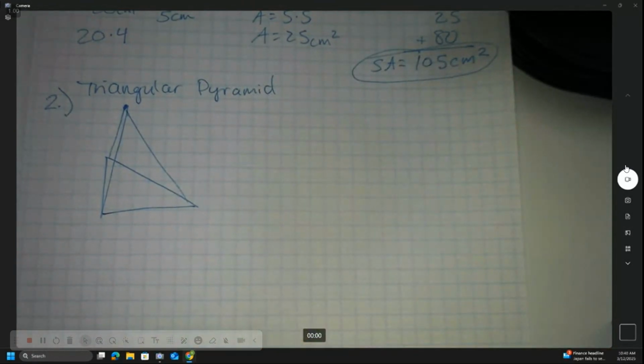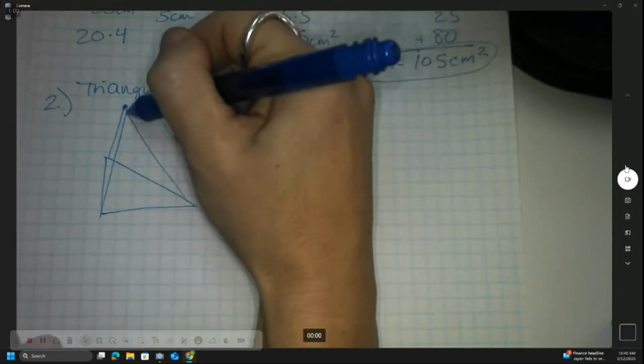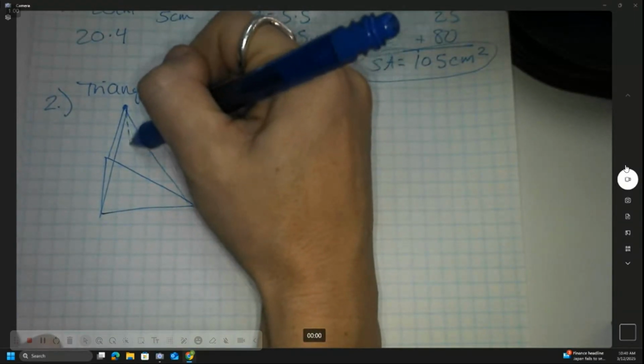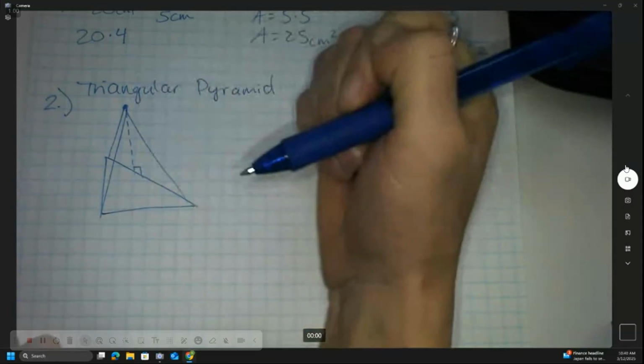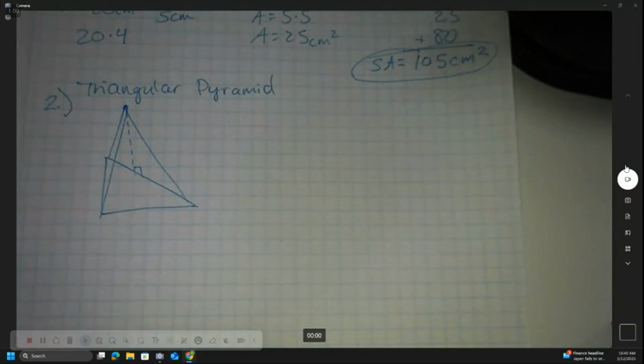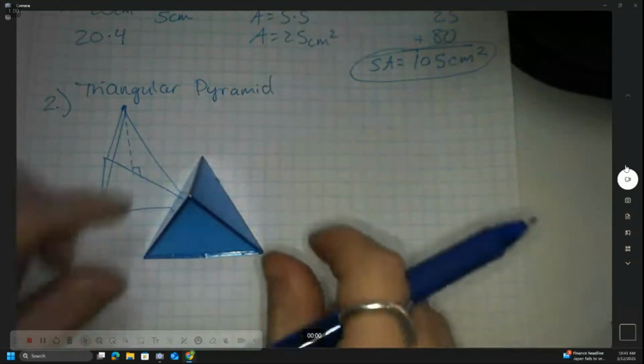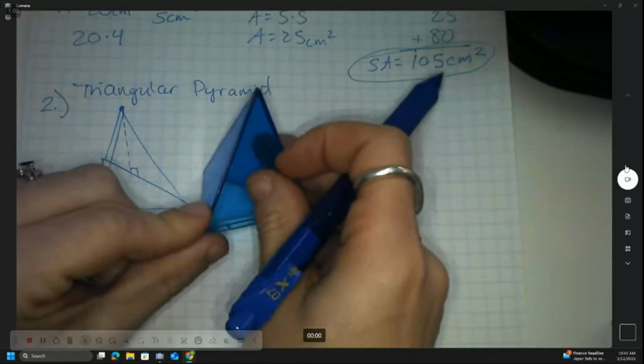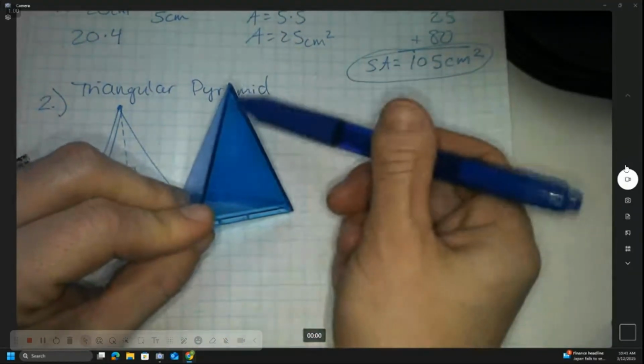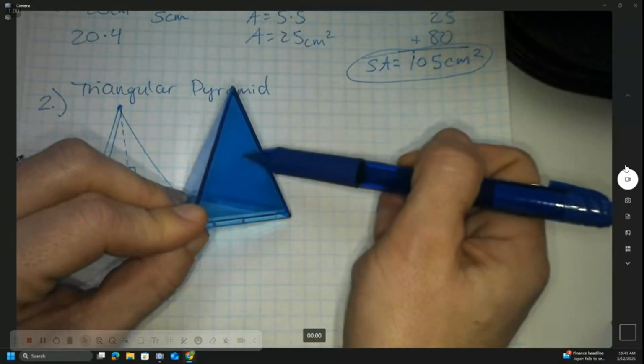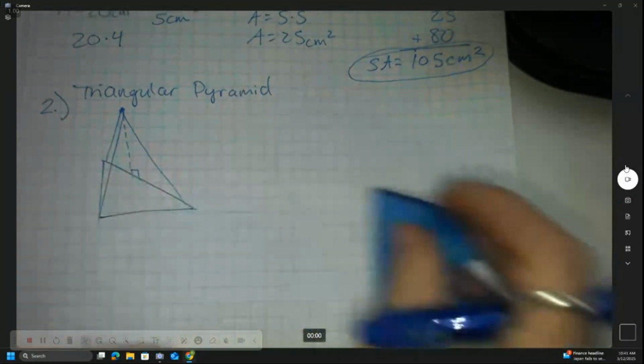Okay, not true height, we need the slant height. So I'm going to choose the back of it to recognize the slant height, the back side of that triangular pyramid. So this is this guy, and I kind of drew it like this. I'm going to find this side, which will give me all 3 sides.